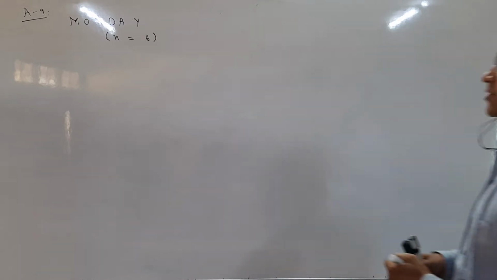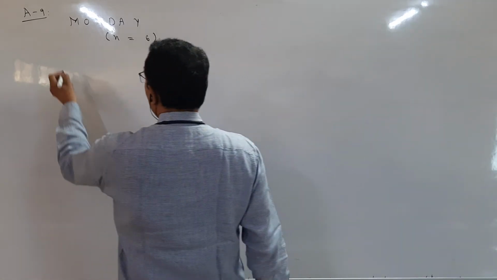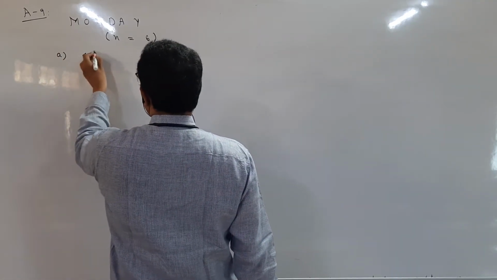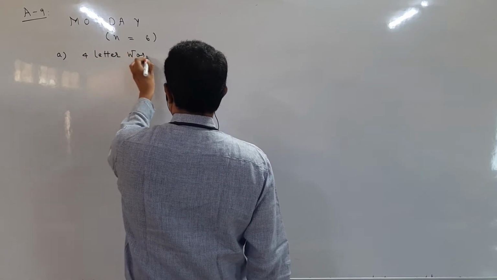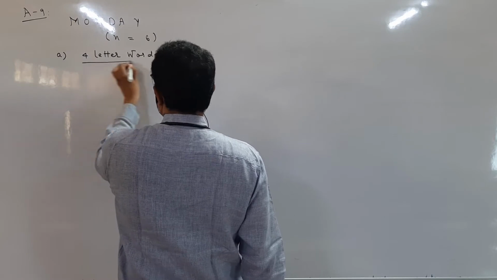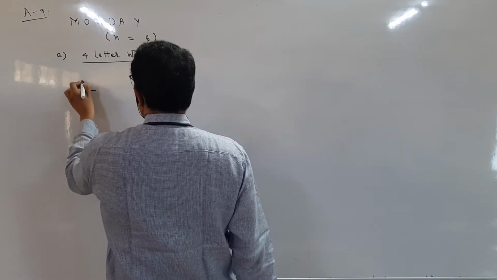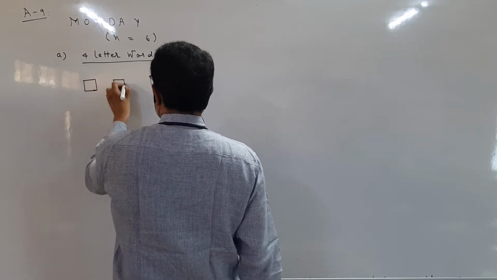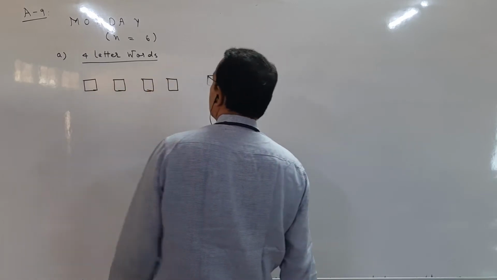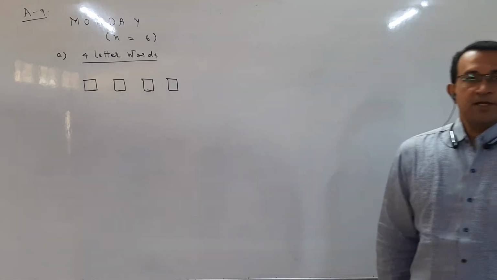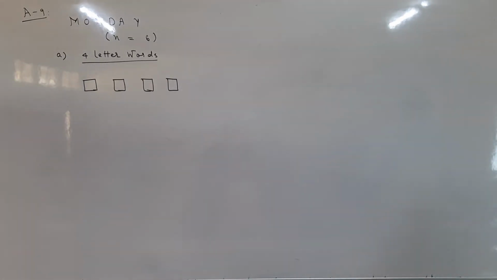First part of the sum, 4 letter words. So I have to draw 4 boxes, 1, 2, 3 and 4. Just now I told in the word equation, if we were supposed to use 5 letters out of 8, it is 8P5.